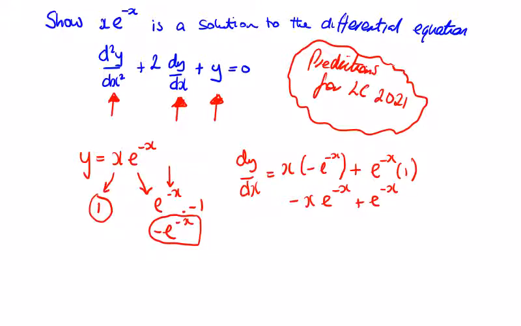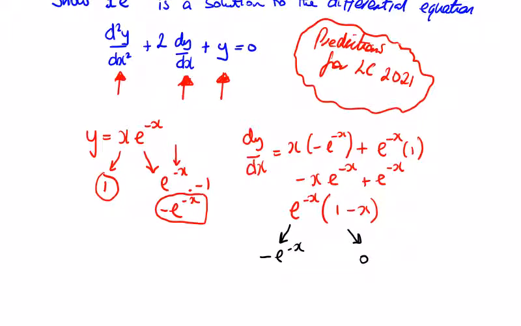And we can obviously factor out our e to the power minus x. Now it's going to be minus x plus 1, or 1 minus x. Probably better putting the plus number first in the bracket, but it doesn't really matter. Okay, second derivative: e to the power minus x goes to minus e to the power minus x. Second one goes to 0. No, it doesn't. It goes to minus 1.